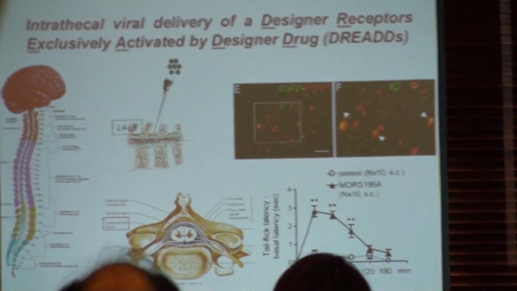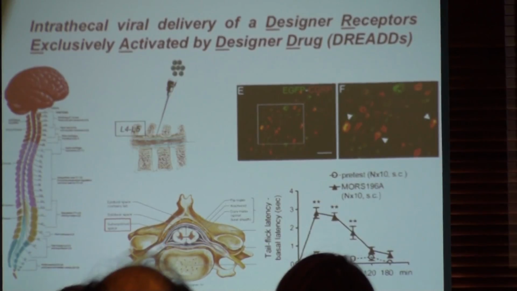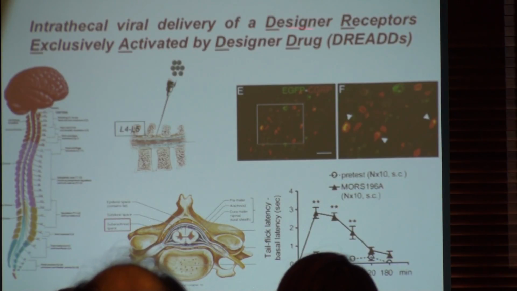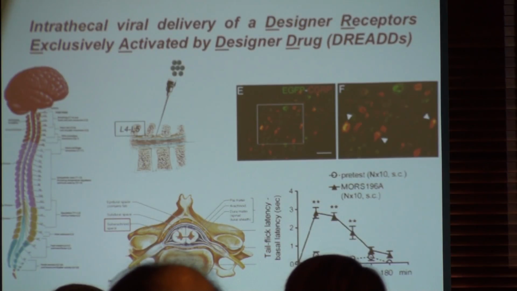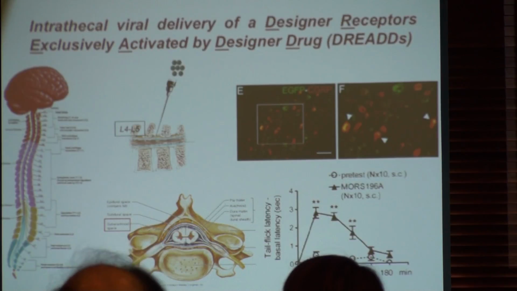Instead of a pump, can we use gene therapy, put the genes in the site, and activate them with a very specific designer receptor exclusively activated by designer drug? That means you have something in the pain-control pathway, but when you give the drug to the patient, it will not activate anything except the receptor you put in.